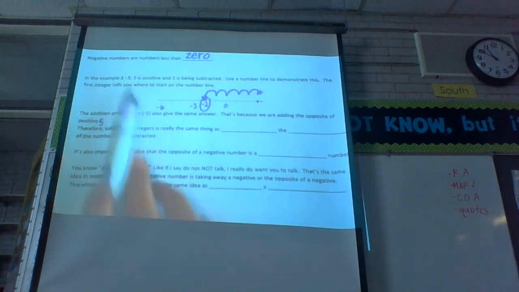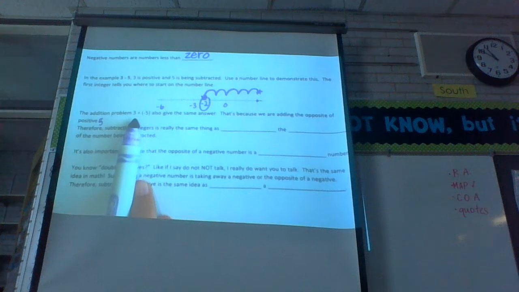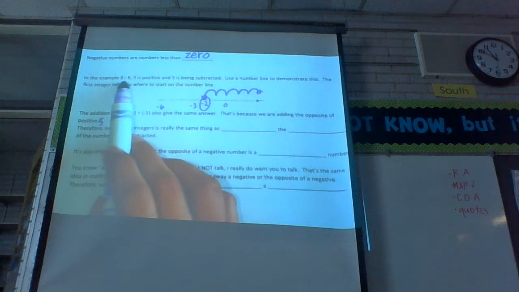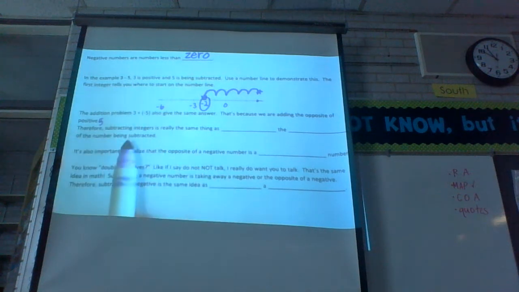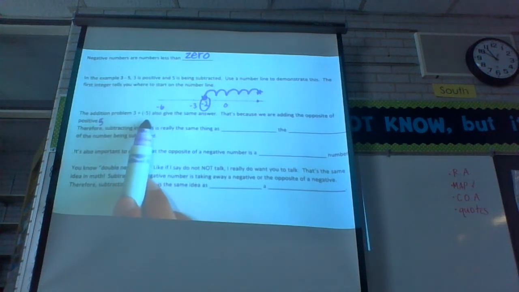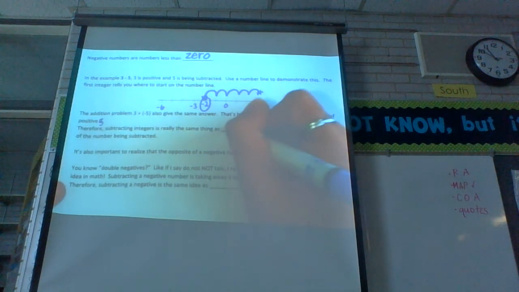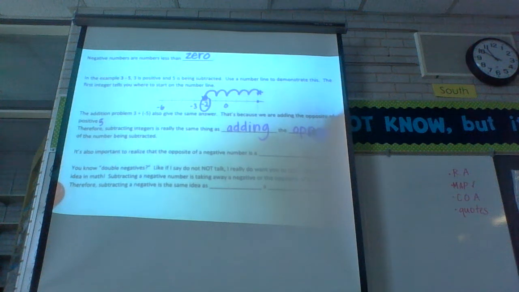Okay, so again, subtracting a positive number is the same as adding a negative number. We are adding the opposite of a positive. Therefore, subtracting integers is really the same thing as adding the opposite.